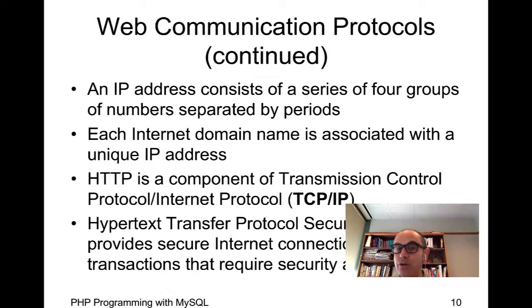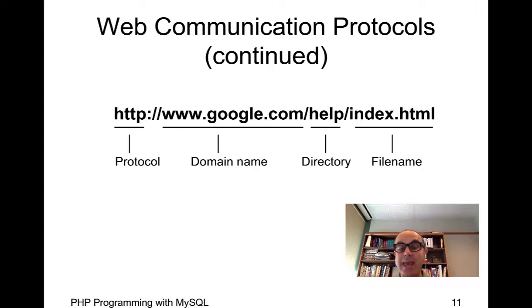So the IP address consists of a series of 4 groups of numbers separated by dots, and the idea here is, again, protocol, domain name, directory, and file name.